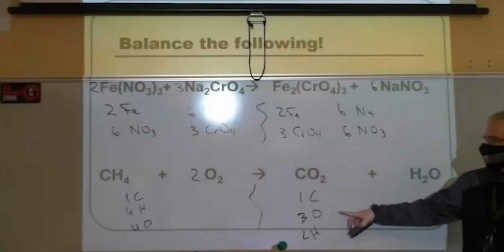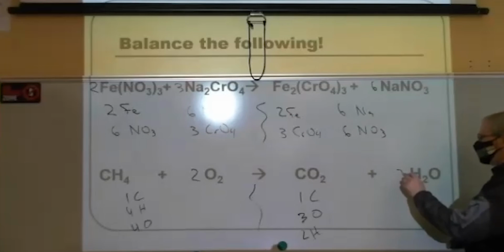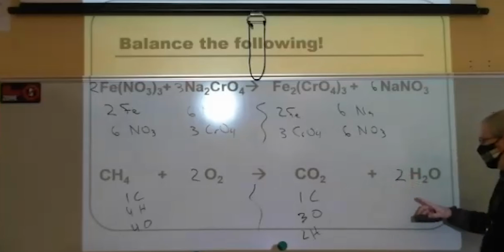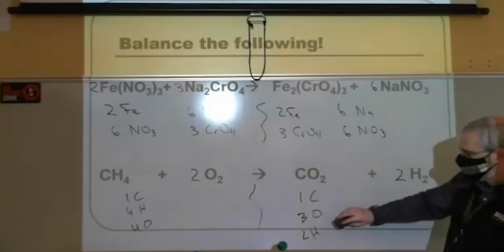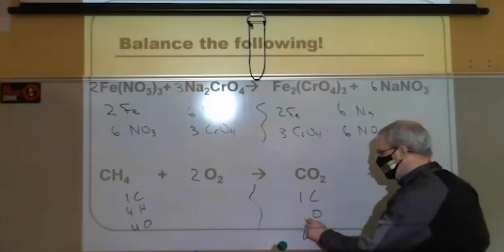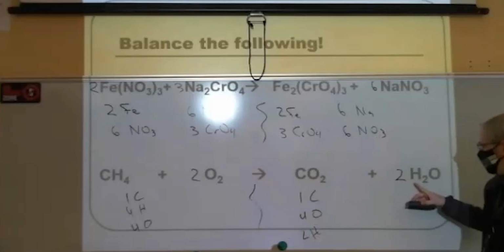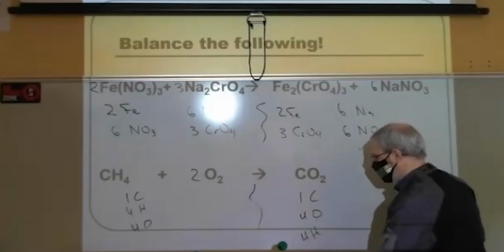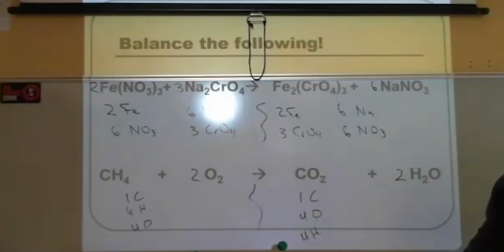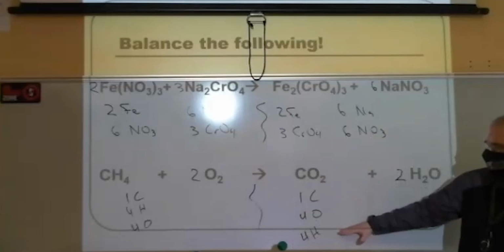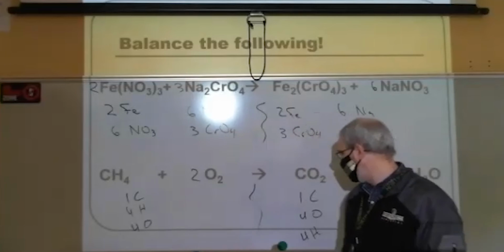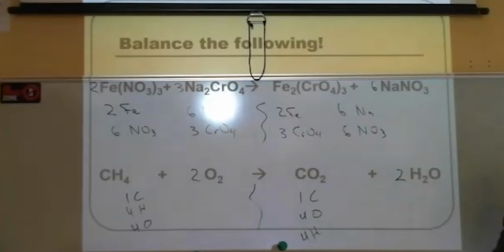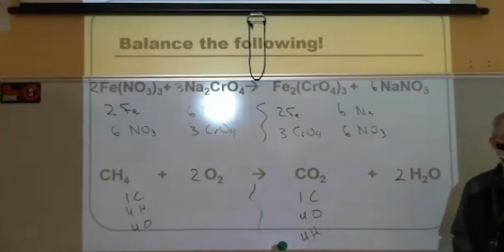I can get another one if I add one of these. Right? That's going to give me another oxygen. So this will go up to 4. But that's also going to double my hydrogens and make that 4. Okay? And now I have the same number of each type of atom on both sides. That's a balanced equation. All right?